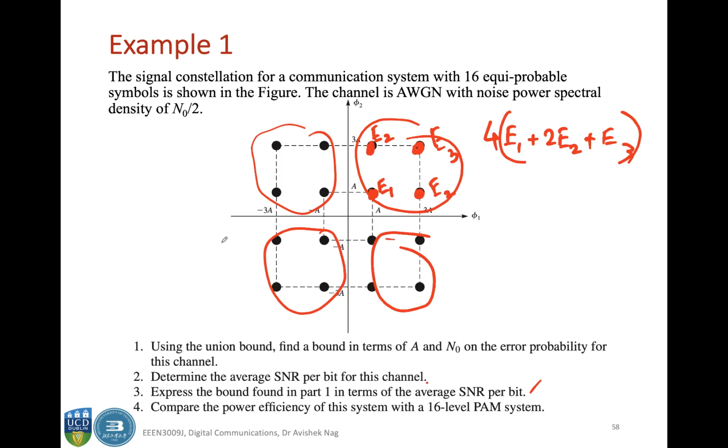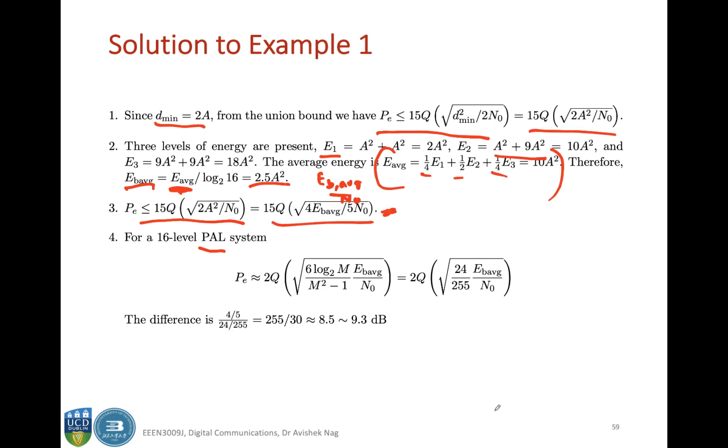PAM, pulse amplitude modulation. For a 16-level PAM, this is basically 16 ASK. 16-level PAM is the same as 16 ASK. You can calculate the probability of error of a 16 ASK like this, and then you compare the Q function arguments.